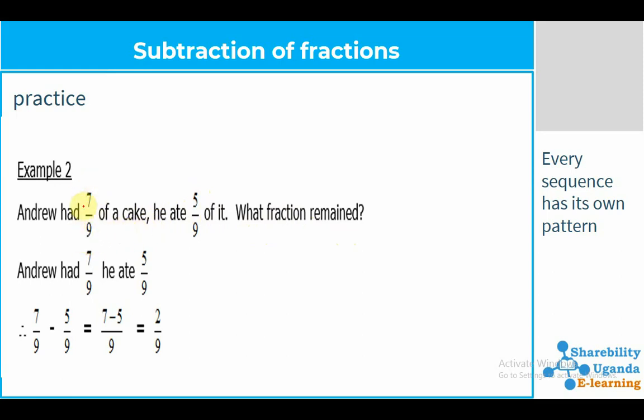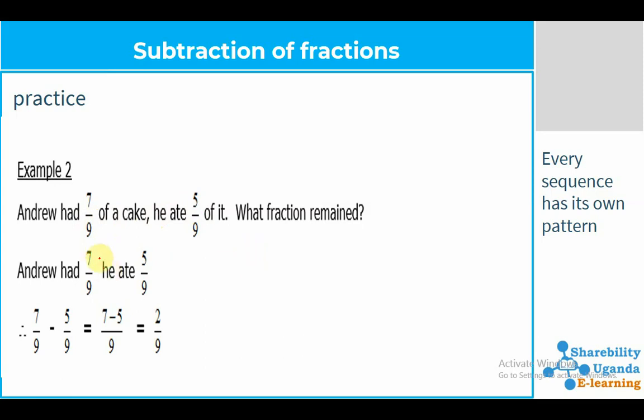What you have to bear in mind is this: when they say Andrew had this, that means his total cake. His total cake was 7 out of 9. If Andrew ate 5 out of 9, what is the fraction that remained? Here they want you to subtract.